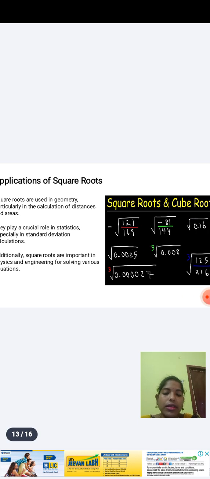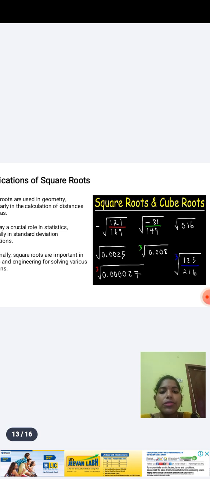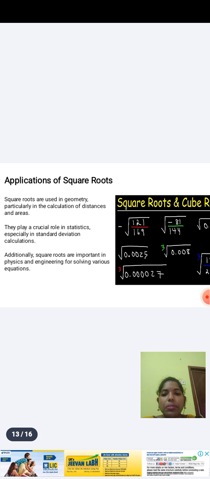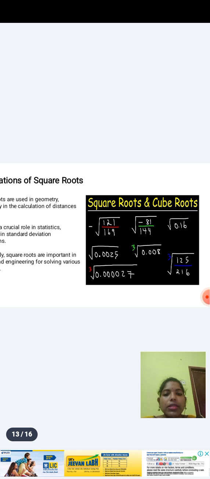Next, applications of square roots. Square roots are used in geometry, particularly in the calculations of distance and areas. So mostly the square root formulas are used to find distances and areas. They play a crucial role in statistics, especially in deviation calculations.